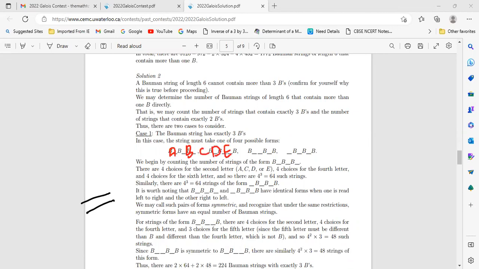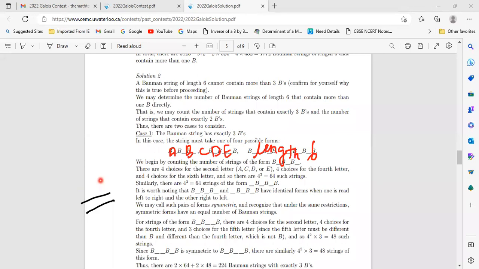A, B, C, D, E. And also they're saying that you need to make length 6 now. So you're going to choose one letter from these 5 choices again, right? For making the 6th position.